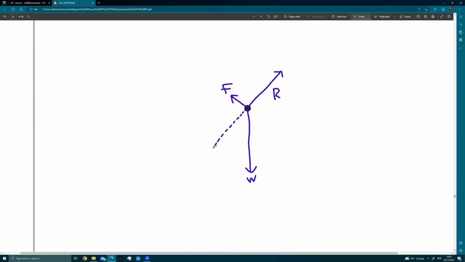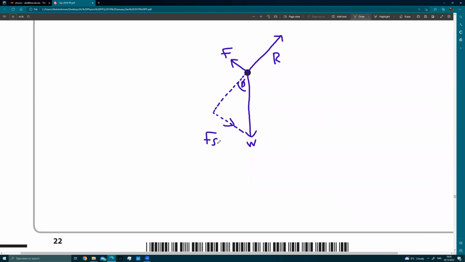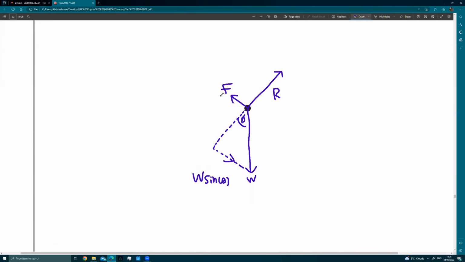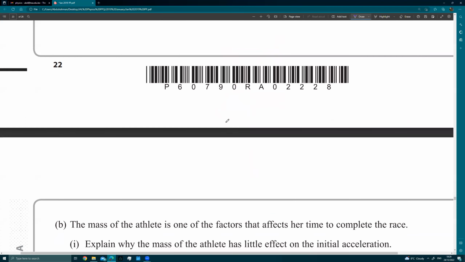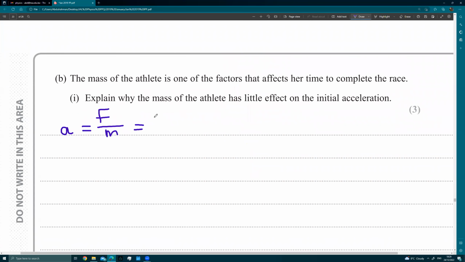So you have, as we discussed before, let's say this is theta. You have weight sine theta. So W sine theta along the slope, and you have the friction in the opposite direction. So the acceleration is going to be W sine theta minus the frictional forces, divided by the mass.